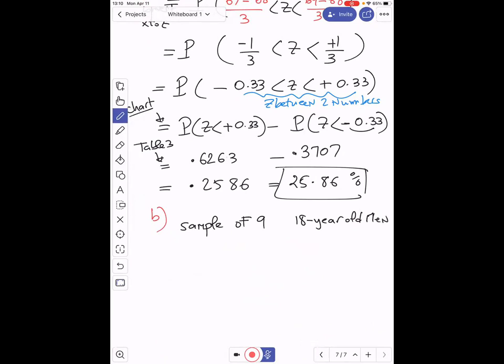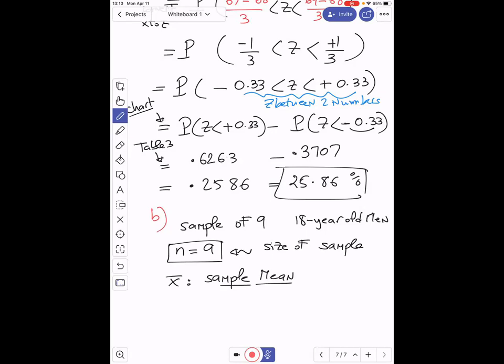So the n, of course, the size of the sample, is 9. Now X bar. So what's X bar? X bar is the average of the sample, the sample average, or sample mean.